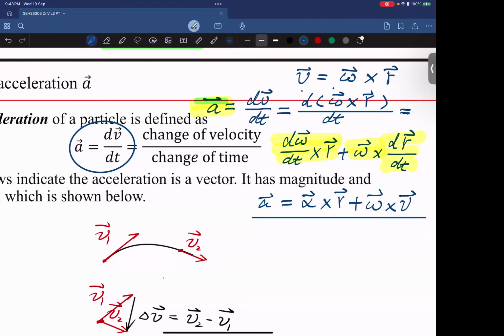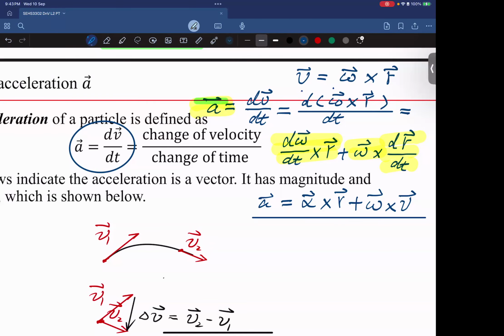Let's see why the acceleration has parts. For this part, is it reasonable to say this is the acceleration? We call it particle acceleration. And this is the angular acceleration.